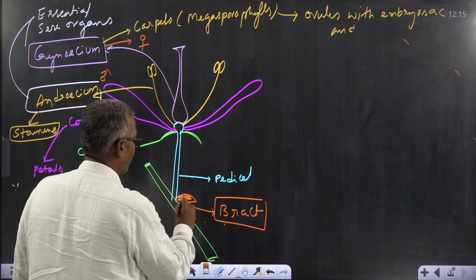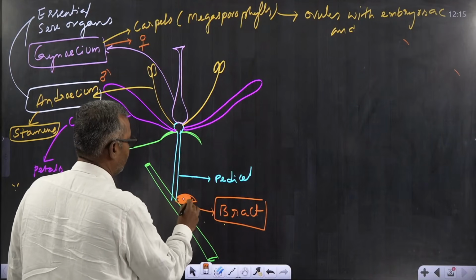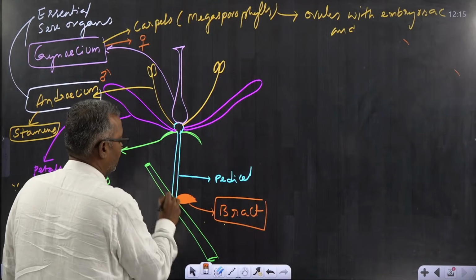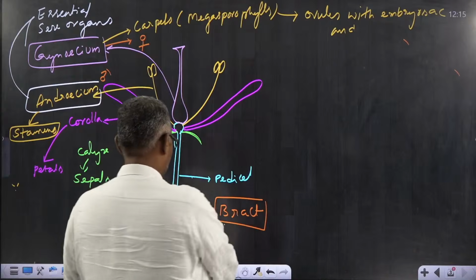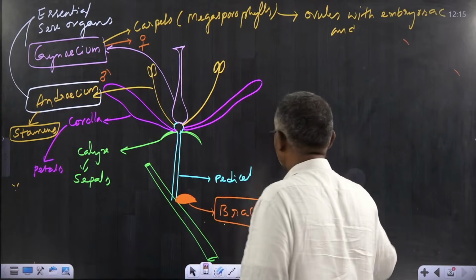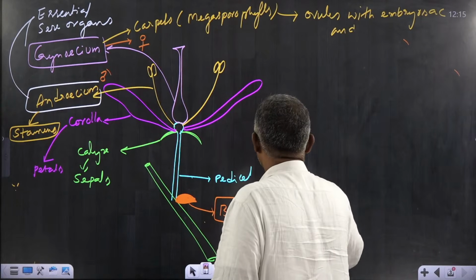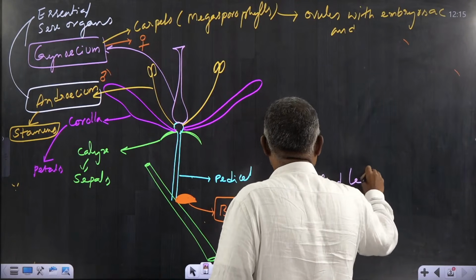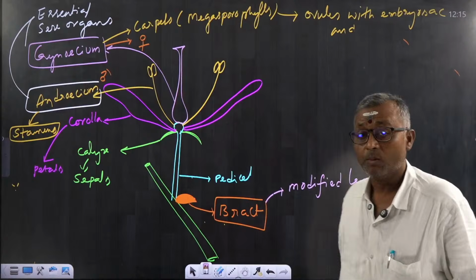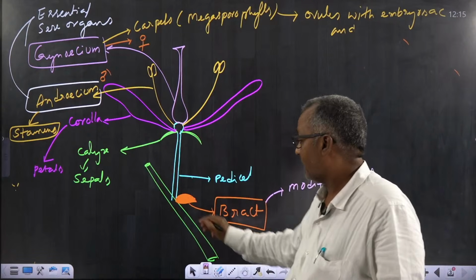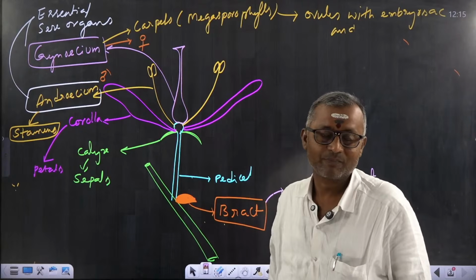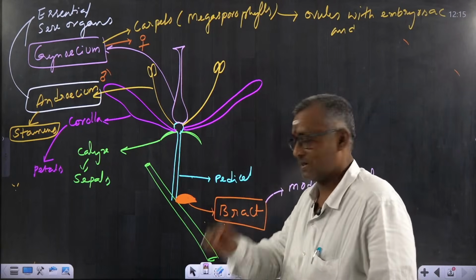Listen to me carefully. Now, this is a bract. Let me explain what this bract is. A bract is nothing but a modified leaf. Its axil produces a flower.